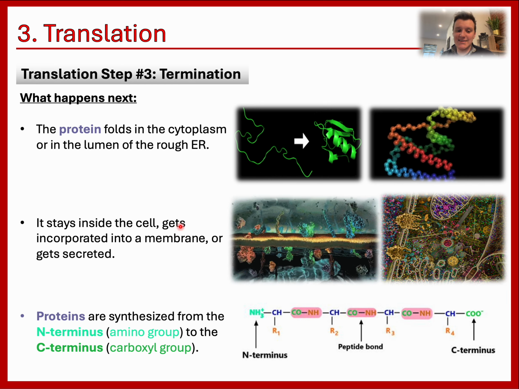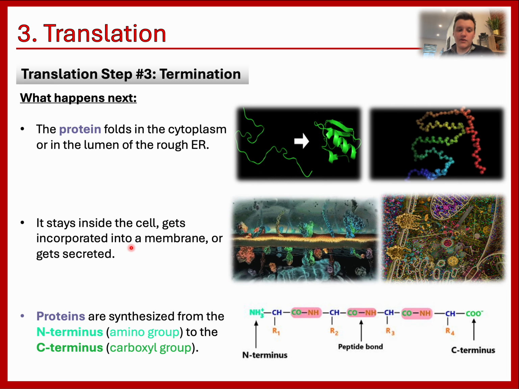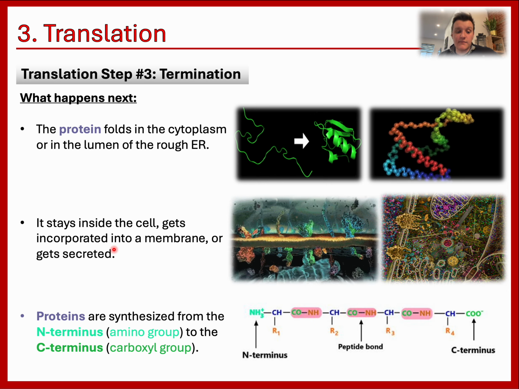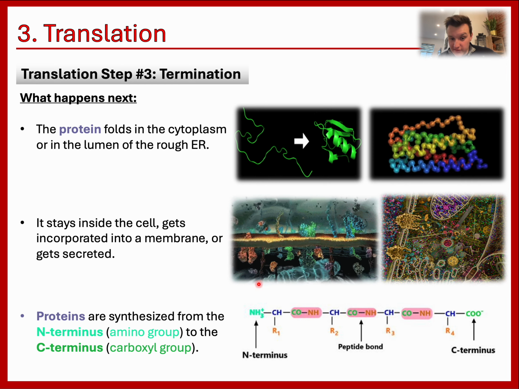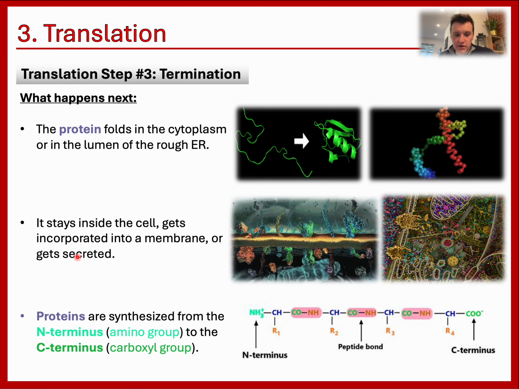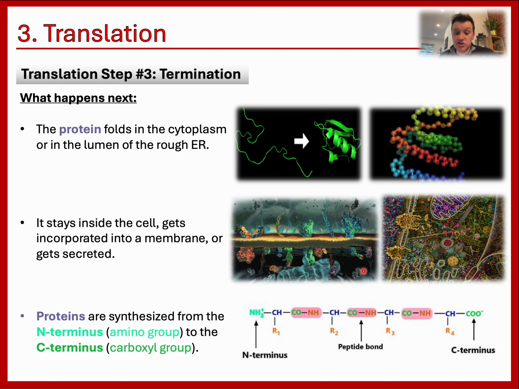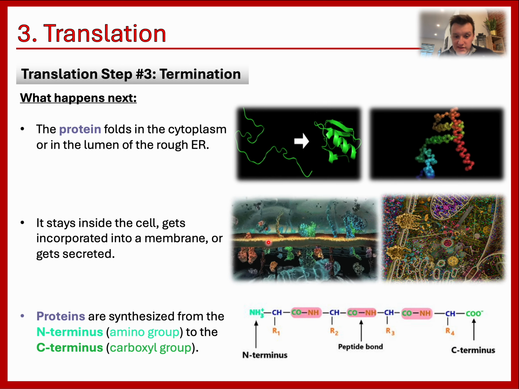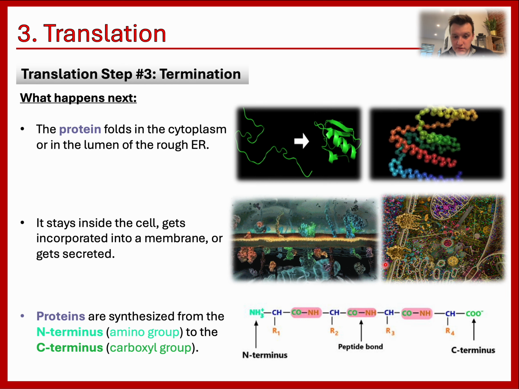It stays inside the cell, right? Once you've folded it nicely, it could stay inside the cell and do its job inside. Here you have little proteins floating around, or it could get incorporated into the membrane, right? You could shuttle some of them and put the proteins in the membrane. Here you see the phospholipid bilayer, and you see all these other little proteins going around, right?